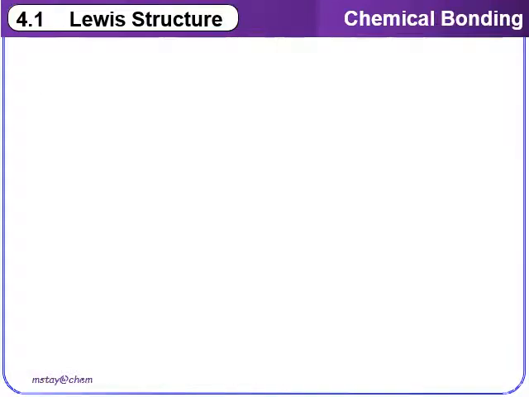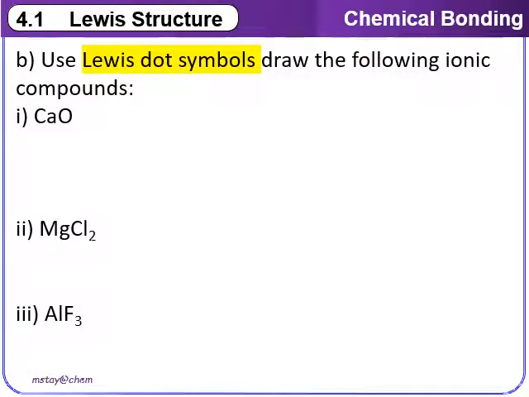Okay, second part of question 3b, they ask us to use the Lewis dot symbol to draw the ionic compound. From the term draw here, we have an idea: we need to show a diagram. But different from 3a(2) just now, this one didn't mention the formation, so we can directly give the Lewis dot symbol for the product, which is calcium oxide.